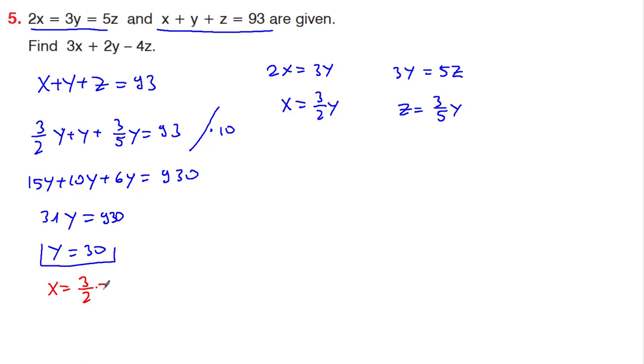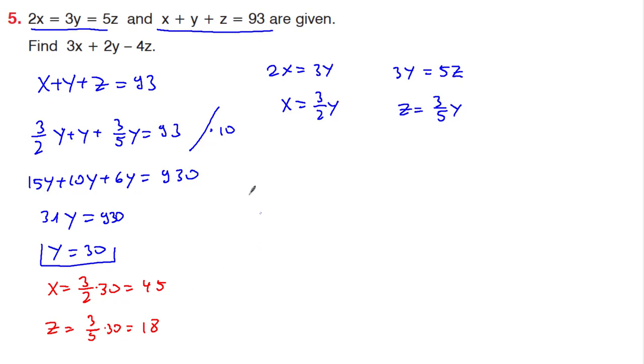If y is 30, then you get back here and you substitute, you get x is 3 over 2 times 30. That is 45. And z, it's 3 over 5 times 30. That is 18.